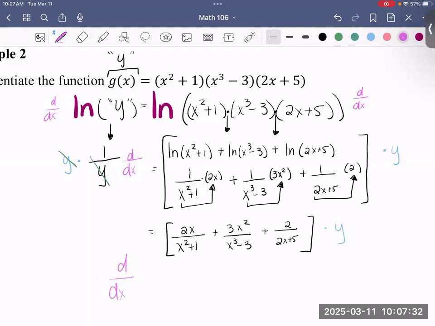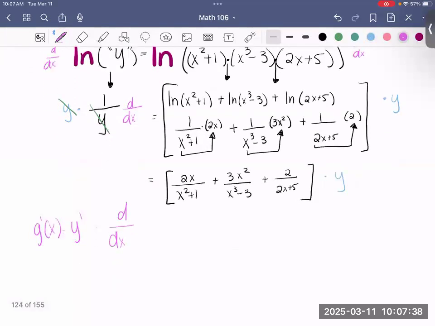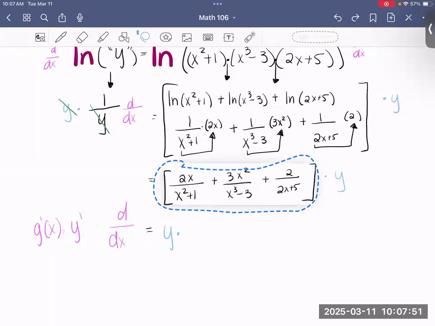That is the derivative of y, or in our case, the derivative of g of x, meaning that we have y times this whole thing. And I'm actually not going to write that whole thing. I'm just going to copy and paste.